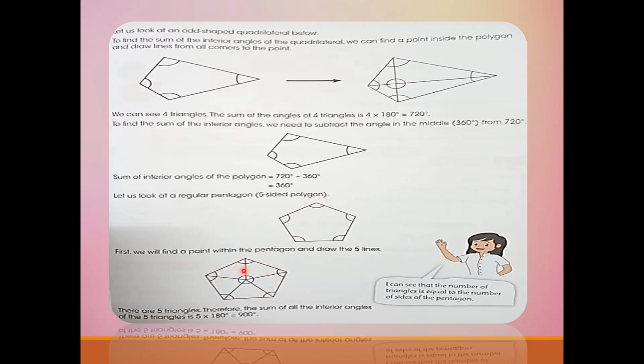Now the sum of the interior angles of these 5 triangles: we know that the total of the angles of one triangle is 180, so we multiply it by 5 because we have 5 triangles right here. That would be equal to 900 degrees.